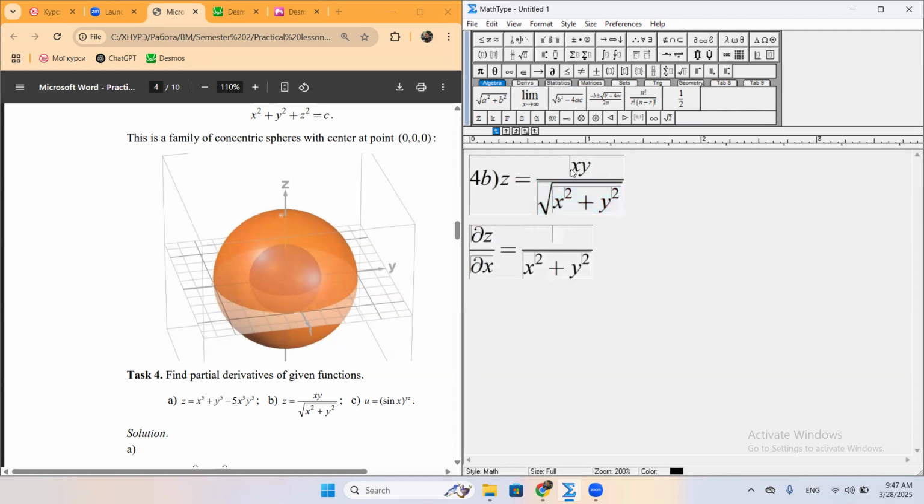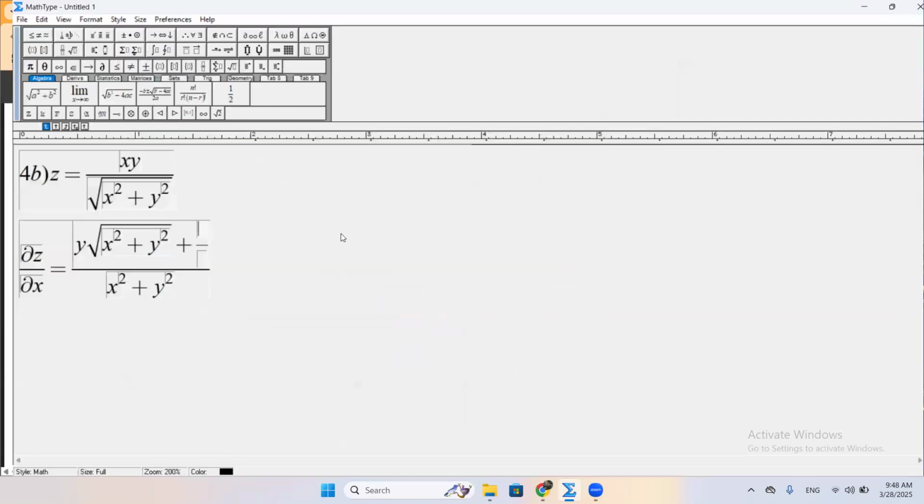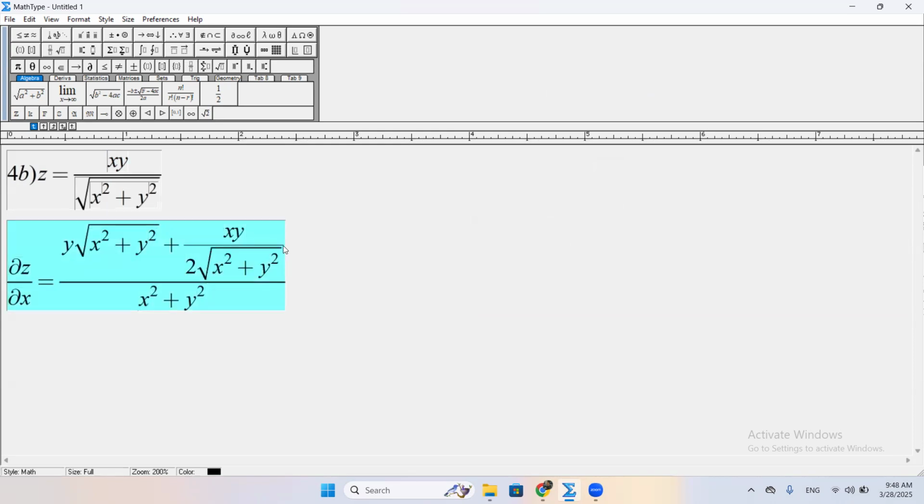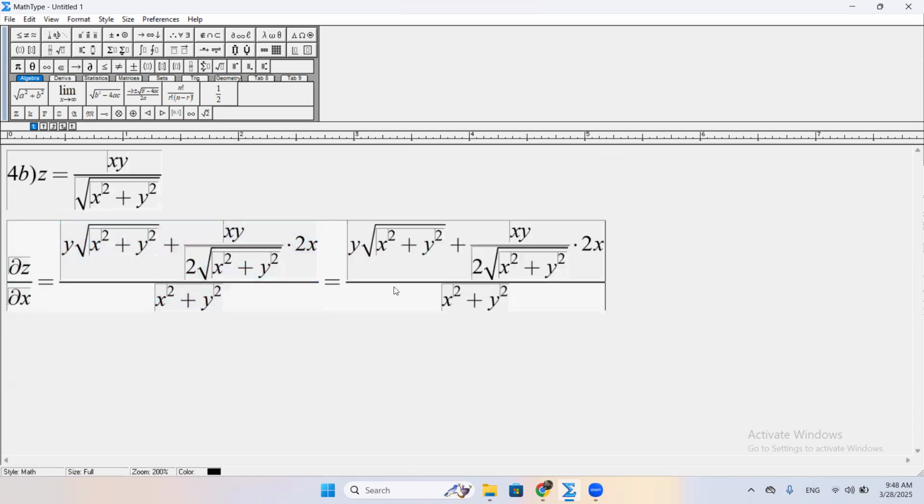And now y multiplied by this function, minus xy divided by 2 times this square root and by 2x. Let's simplify it a little bit.